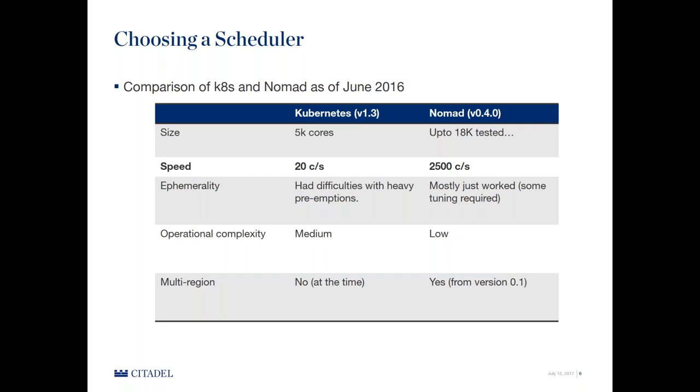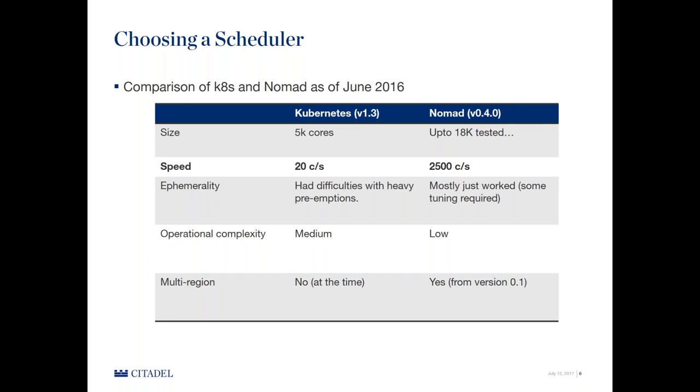And what we saw is as we tried to scale Kubernetes up, we got to about 5,000, 6,000 cores somewhere in that region, and that's where we started to have problems. We couldn't really feed those cores quickly enough. In Nomad, at that point we tested up to 18,000. I think we've gone significantly higher than that now.